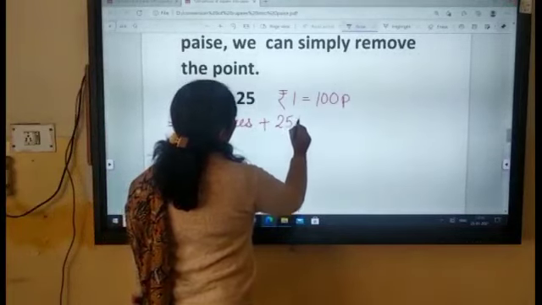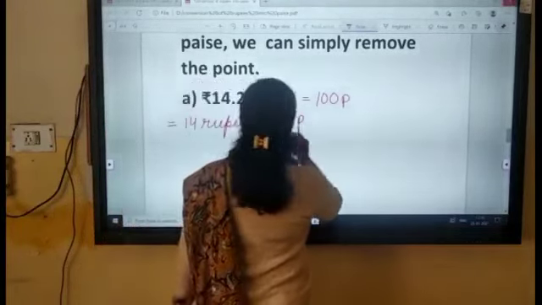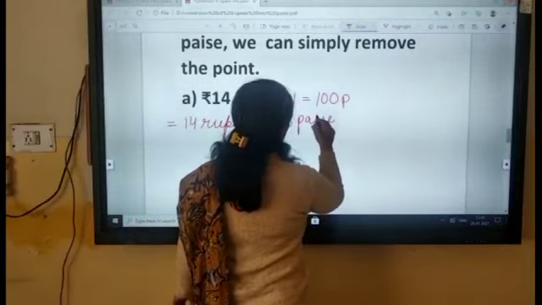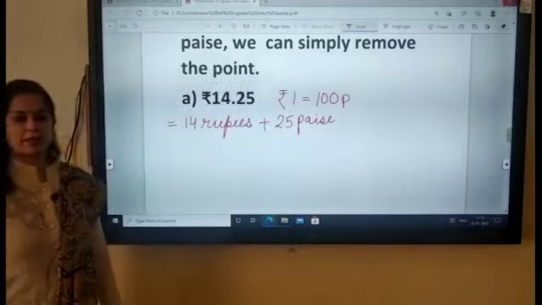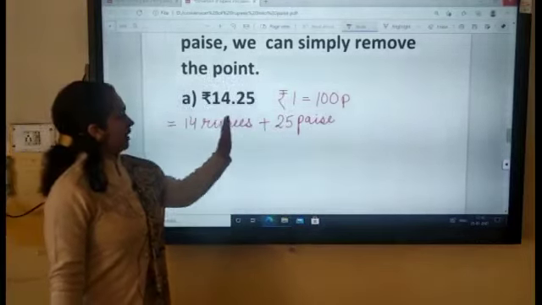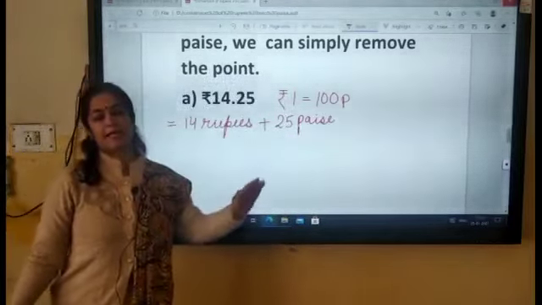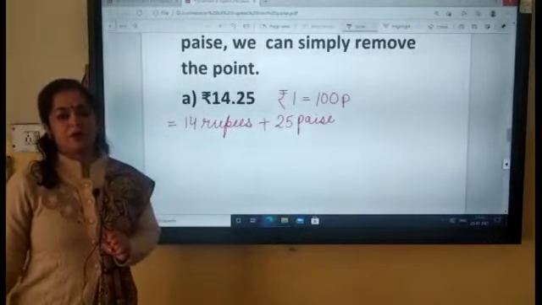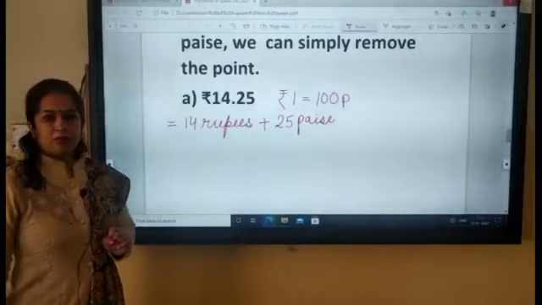This is the long form to write the given amount. Means what is given? 14 rupees plus 25 paise is given. We have to convert this amount into paise.